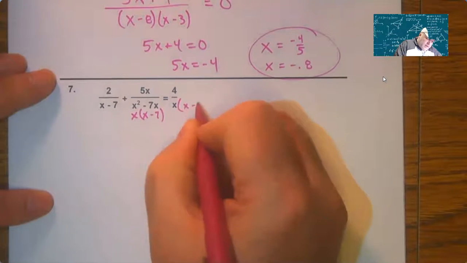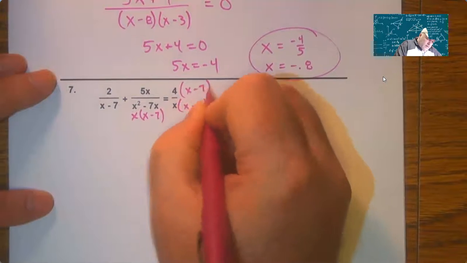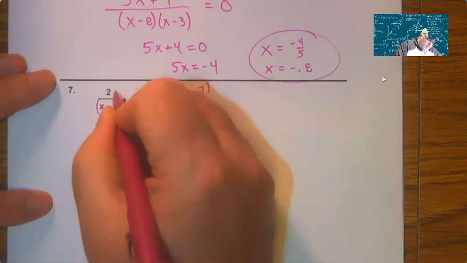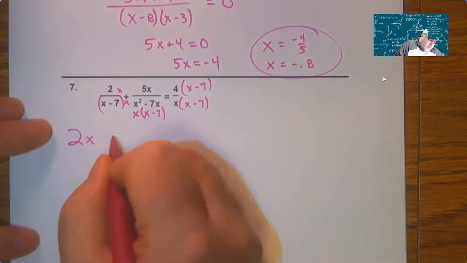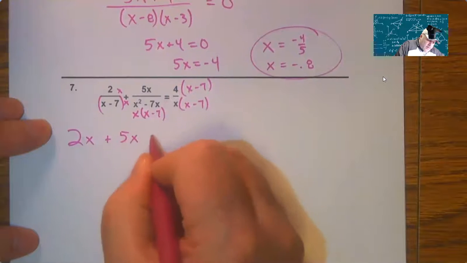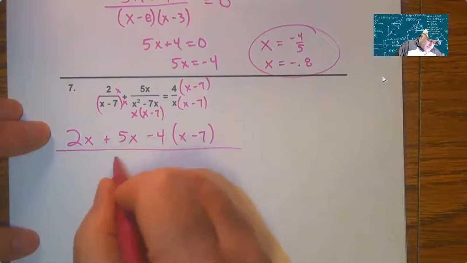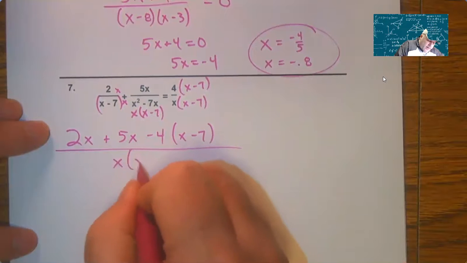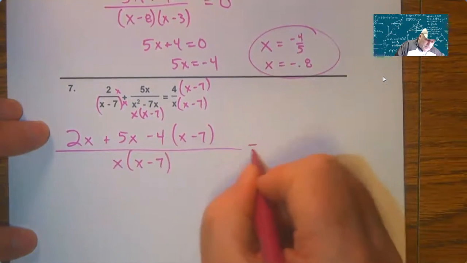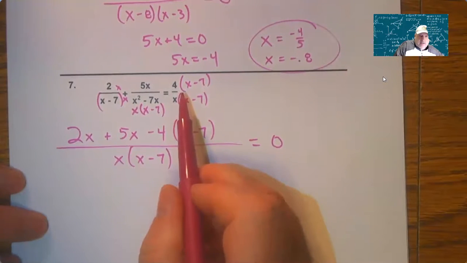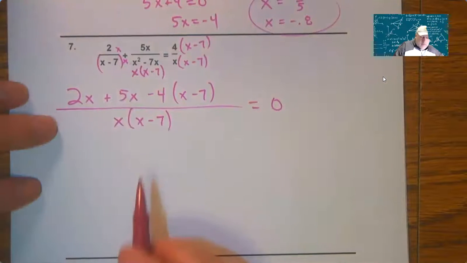Okay, so here we need to factor this out. So this one's missing an x minus 7, and this one's missing an x, top and bottom. So we have 2x plus 5x minus 4 times x minus 7 over x times x minus 7 equals 0. So remember, we're subtracting that one over on the right to the left.